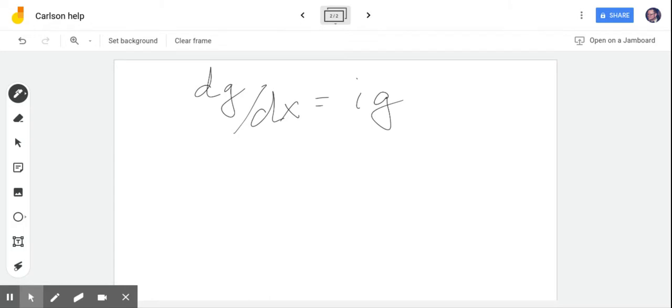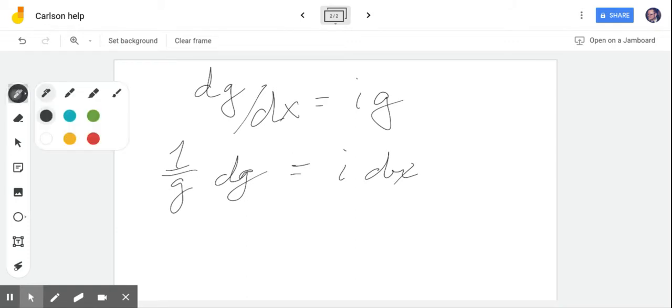So the derivative is equal to i times the parent. Okay. Now, get all of your variables on the same side, and you should get 1 over g dg equals i dx. Cool with that? I'm waiting for you to respond.